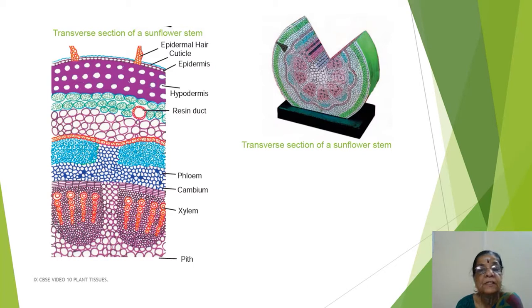Then there is one labeling, resin duct, meant for resin and gum to exude, as in the neem and drumstick trees, through this duct-like structure. It is called gum exuding. Then the innermost layer, the red layer, is known as endodermis.